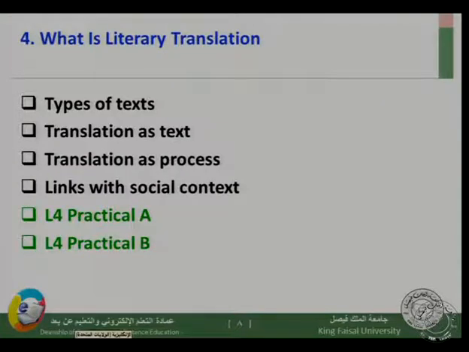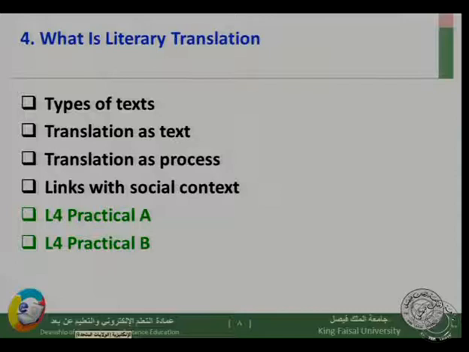Lecture number 4 was about introducing literary text. What do we mean by literary translation? Literary translation covers certain types of text, like poetry, drama, short story, oration, sacred text, and so on and so forth.